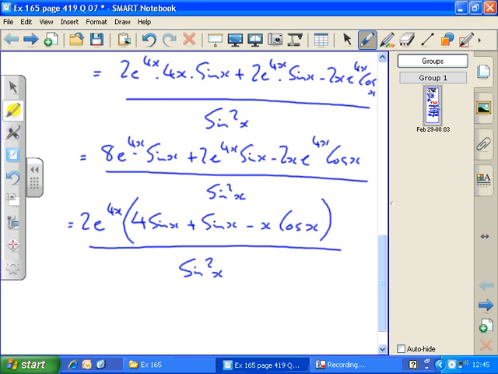I left an x off here, didn't I? Which means that there needs to be an x inside there with this as well.